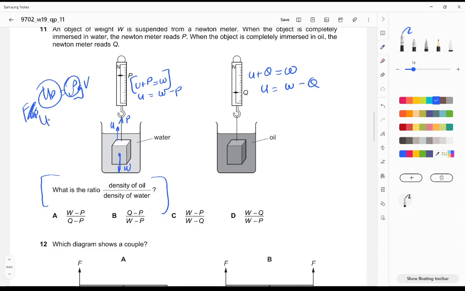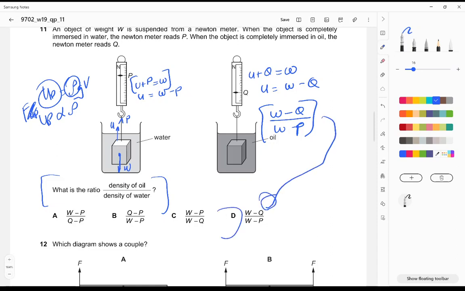So the density of oil, if it is directly proportional, we can keep W minus Q on the top and W minus P at the bottom. And that should give me the ratio of the density of oil over the density of water. Let's just match this, and we have this option D over here.